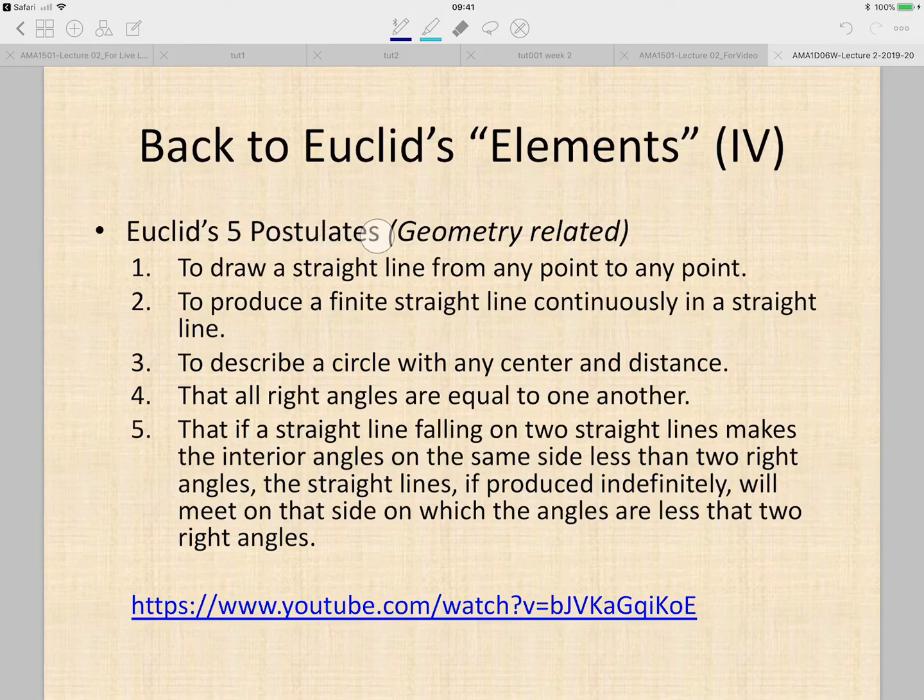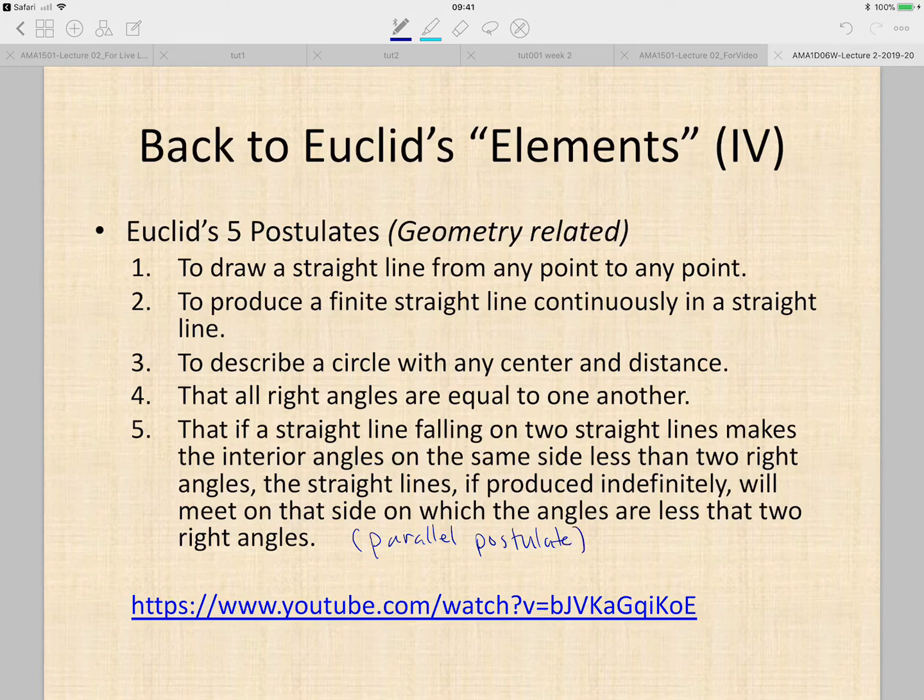Euclid's 5 postulates, which are geometry related, are as follows. To draw a straight line from any point to any point. To produce a finite straight line continuously in a straight line. To understand, let's just look at the 5th one, called the parallel postulate, which we'll run into later when we talk about non-Euclidean geometry.